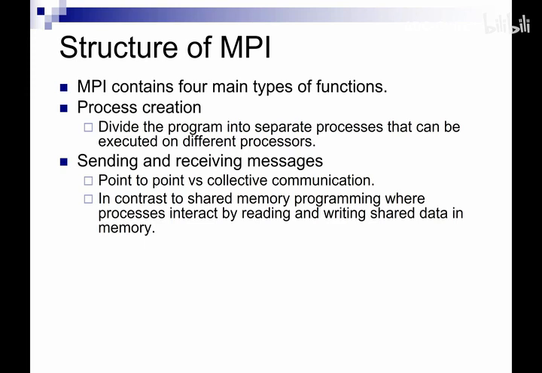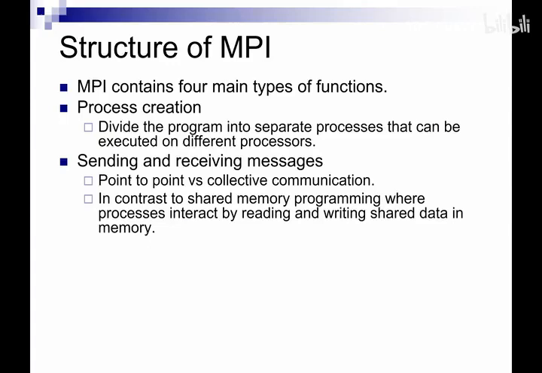I just want to stress again that in order for processes to get data from other processes, there's no way for a process to directly read data from another process. It has to be done through sending and receiving messages.